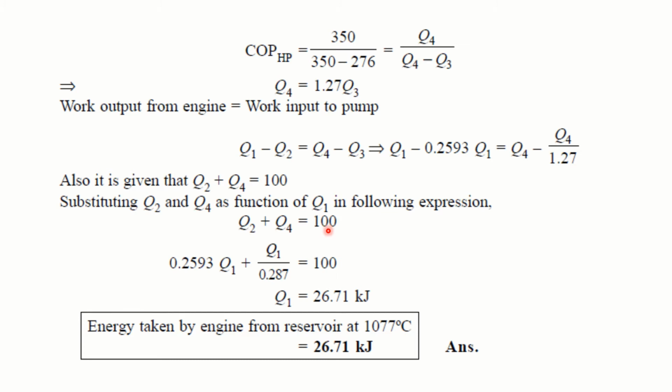Okay. So from this relationship, I can replace Q4 in terms of Q1. Substitute over here, I am going to get Q1. Energy taken by engine from reservoir at 1077 degrees Celsius is 26.71 kilojoule.